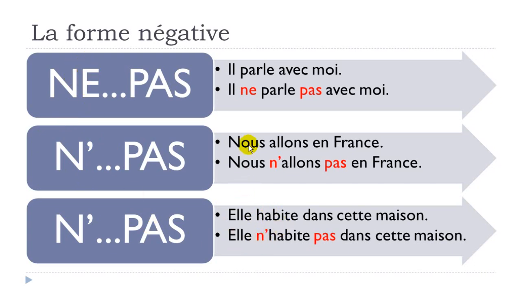So you will basically make it like in this example. You will put this n apostrophe. Elle n'habite pas dans cette maison. So elle habite, she lives or she is living, in this house. Elle habite dans cette maison, and then negative form. Elle n'habite pas dans cette maison.